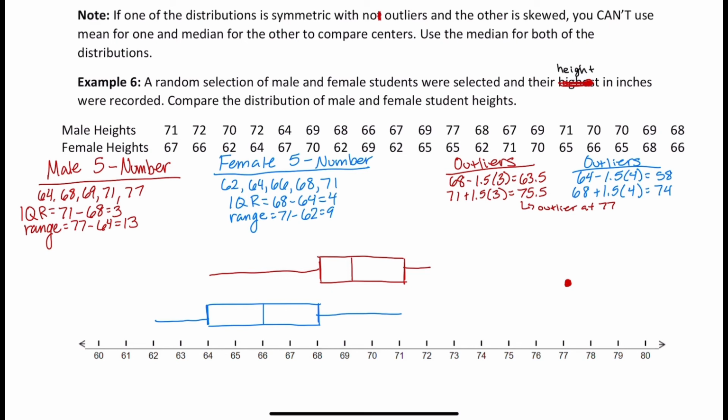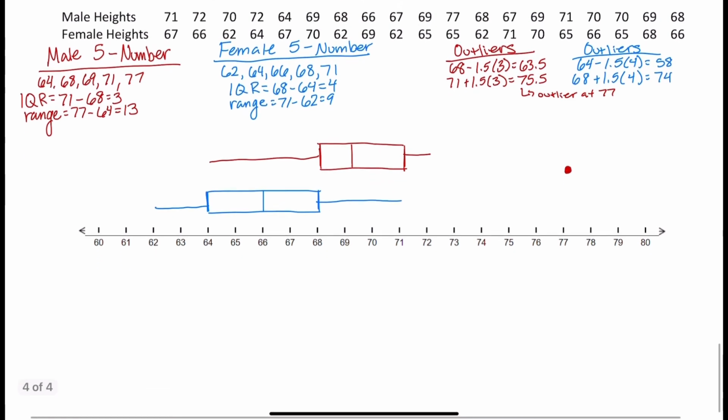Since we are looking at something that has an outlier, if one of the distributions is symmetric, no outlier, and the other is skewed, we are going to be using the median for both of our comparisons.